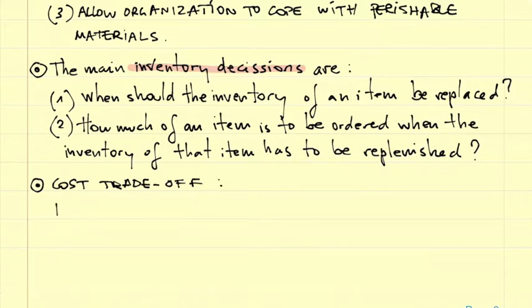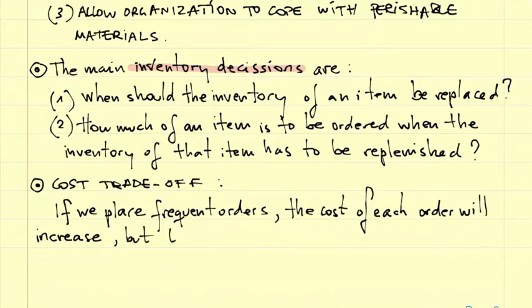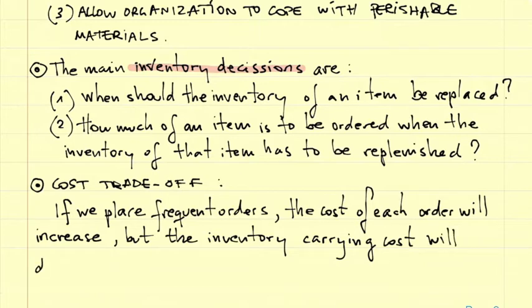So if we place frequent orders, the cost of each order will increase, but the inventory carrying cost will decrease.